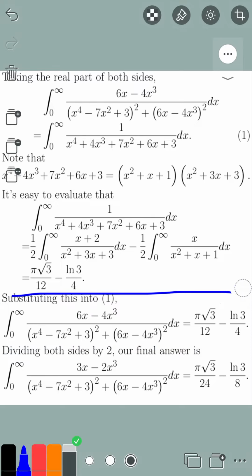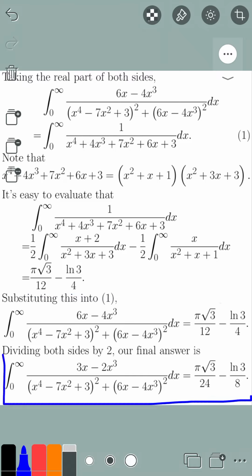2, we get the integral from 0 to infinity of 3x minus 2x cubed.